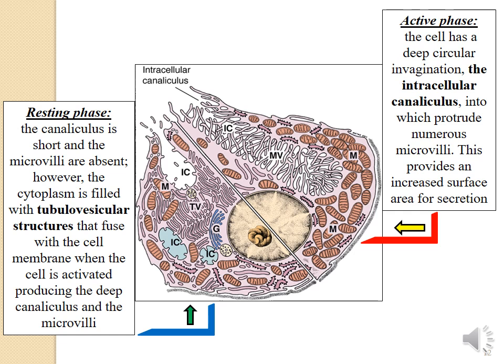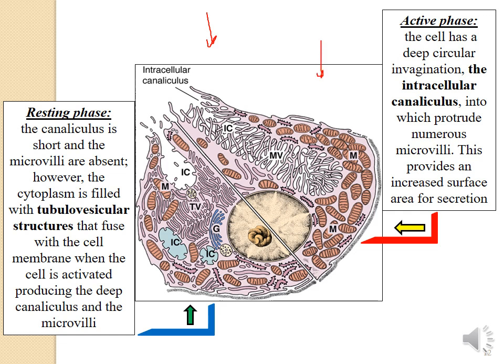So what are these special features of parietal cells that depend on the activity? Here we have a composite image of a parietal cell, and it is formed of two halves. On the right side, we have the parietal cell when it is active.